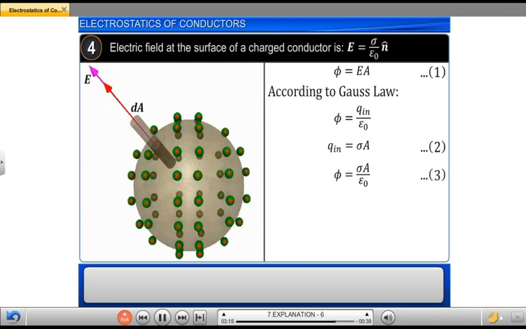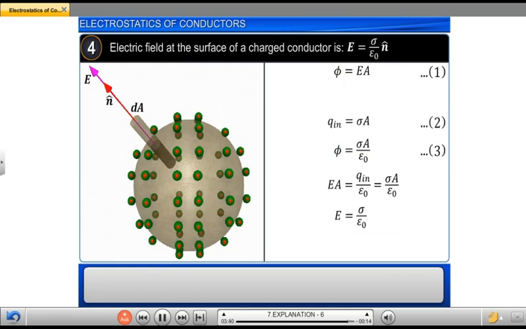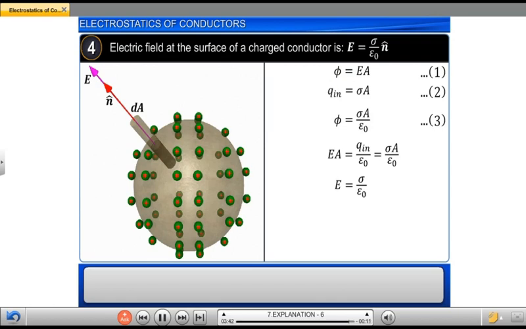Let this be equation 3. From equations 1 and 3, we have EA equal to sigma A by epsilon naught. Simplifying, we get magnitude of E equal to sigma by epsilon naught. If n cap is the unit vector in the outward direction normal to the surface, then we can write the electric field strength in vector notation as E equal to sigma by epsilon naught into n cap.